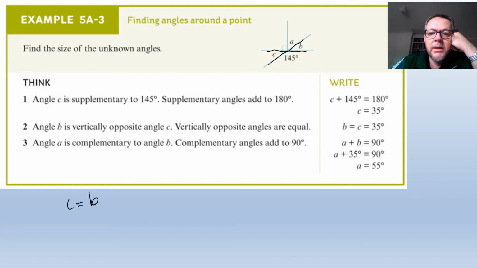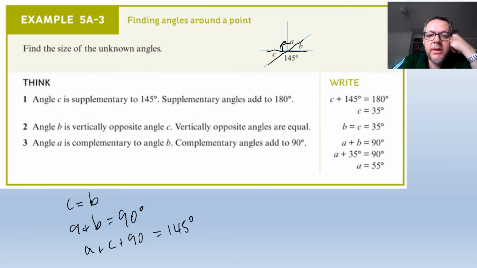We know that A plus B must equal 90 degrees. And we know that A plus C plus 90 degrees, because of this right angle here, should equal 145 degrees. What else can we consider? We can also consider that A plus B and that 90 degrees equals 180 degrees.